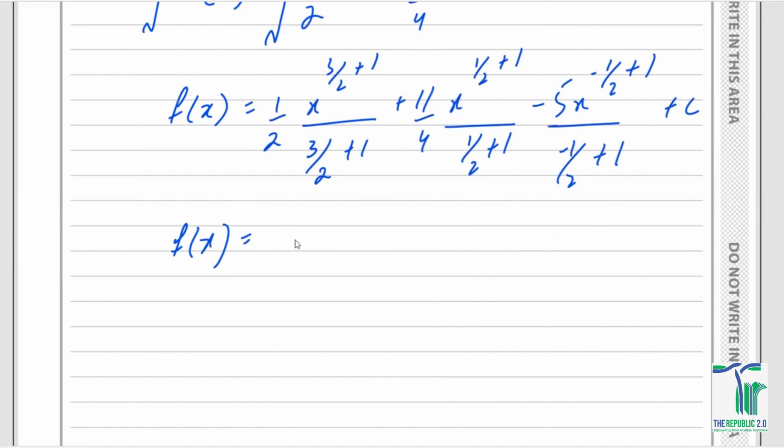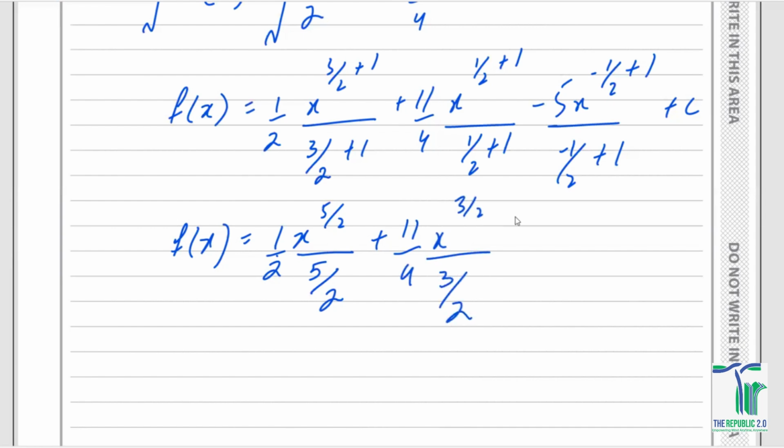So I'm just going to solve it down now. So I would be having x to the power of 5 by 2 divided by 5 by 2, plus 11 by 4 x to the power of 3 by 2 divided by 3 by 2, minus 5 x to the power of 1 by 2 divided by 1 by 2, plus c.